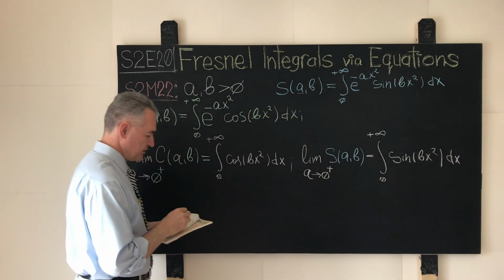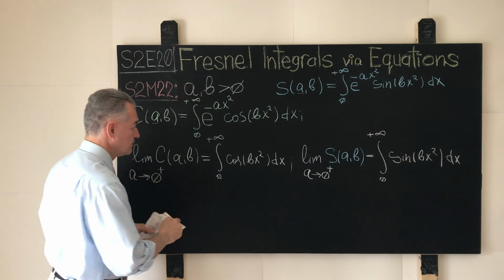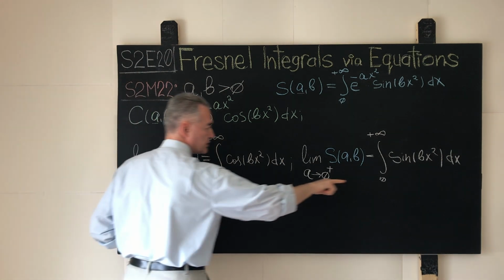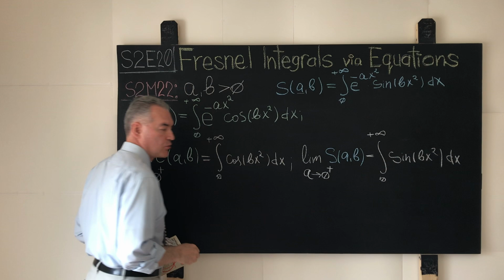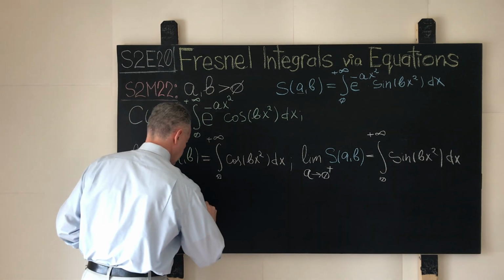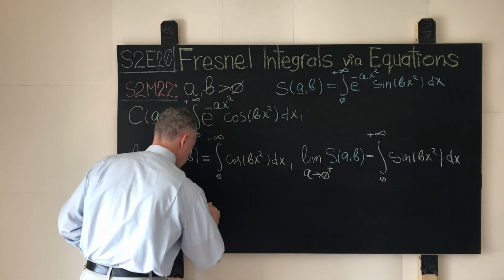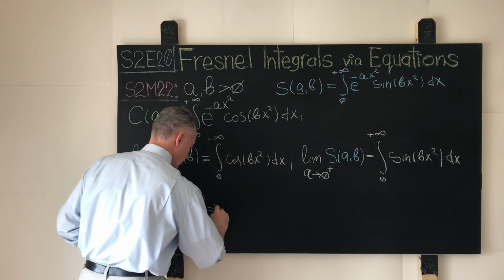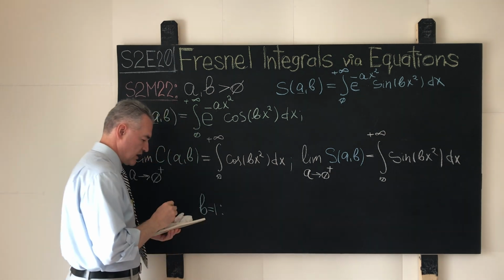Once that is understood, we will again obtain the integrals that are pretty much our Fresnel integrals, but here with the value of b set to 1. What will we have?